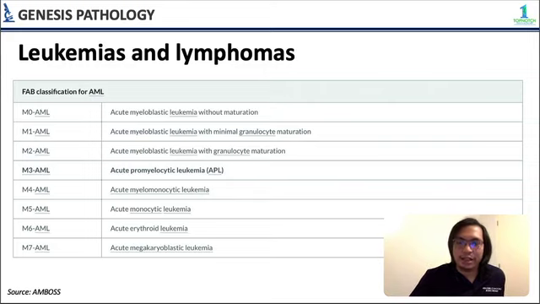That's the only cancer that can be cured by a vitamin. So, this is your FAB classification for your AML. For me, this is only nice to know, but we'll never be asked, right? So, might as well go through this.